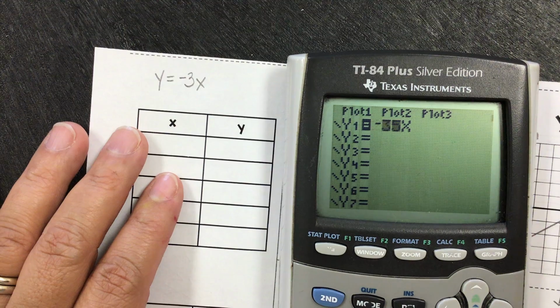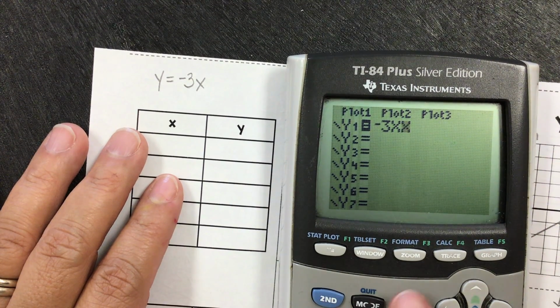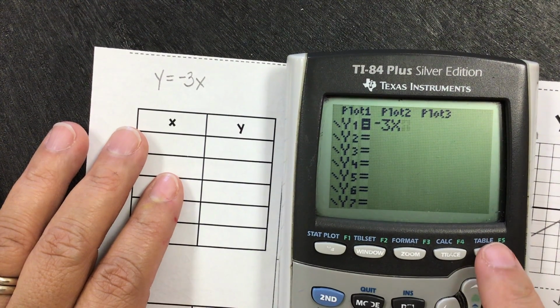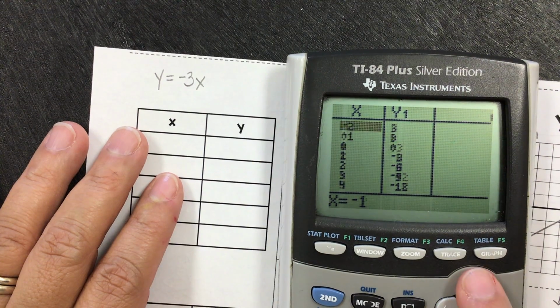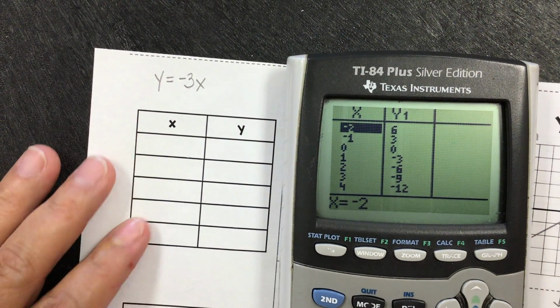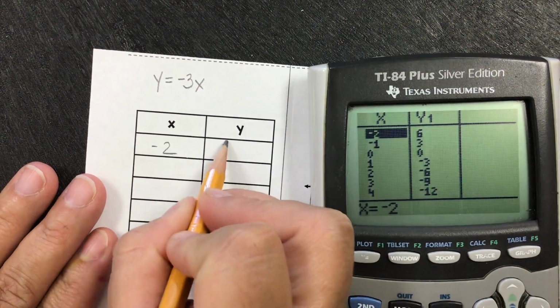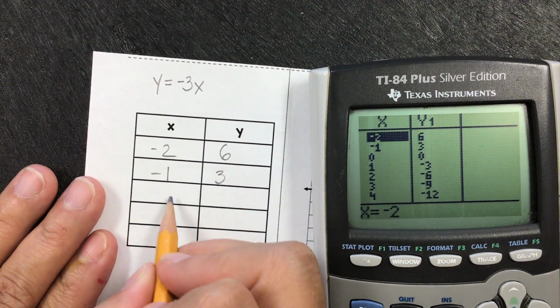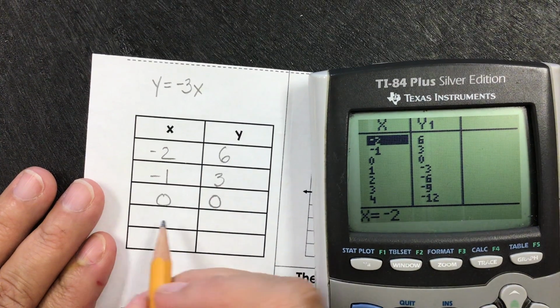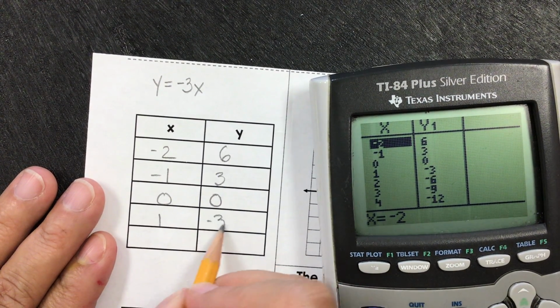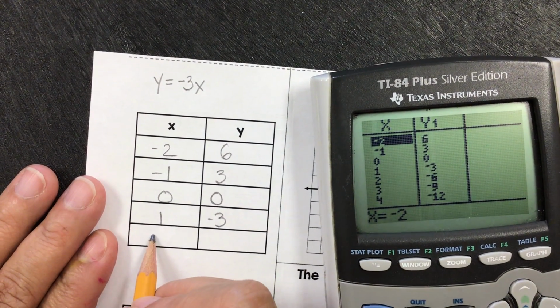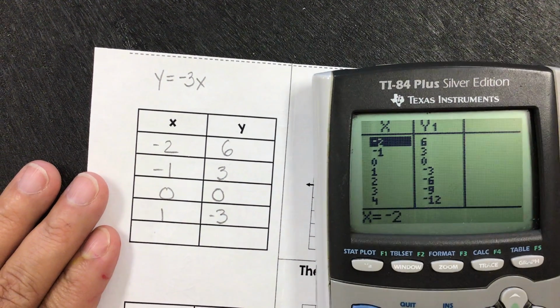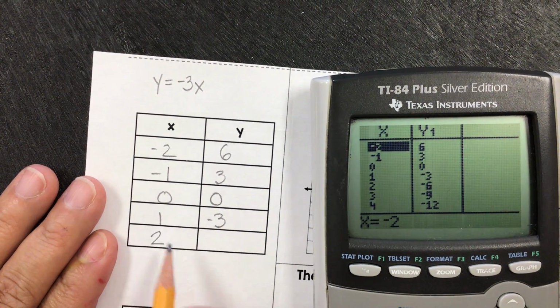So you have -3x. And hit second graph. And I'm going to move it here. And I'm going to start with -2, 6. -1, 3. 0, 0. 1, -3, and then 2, -6.